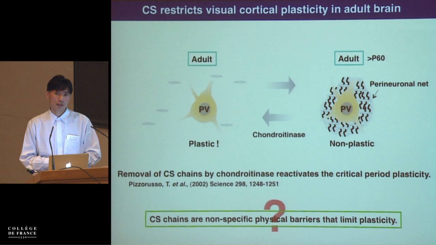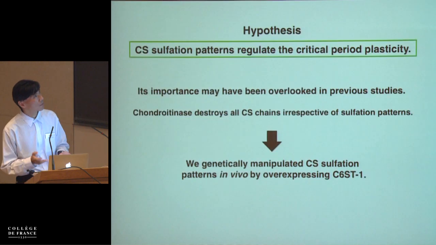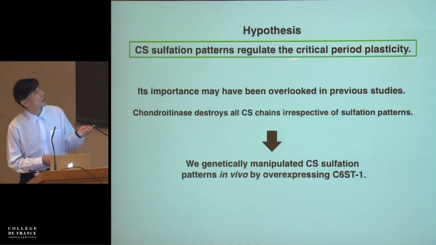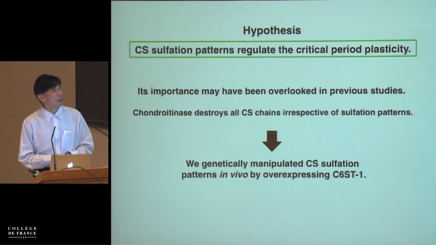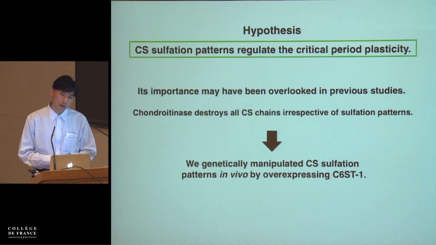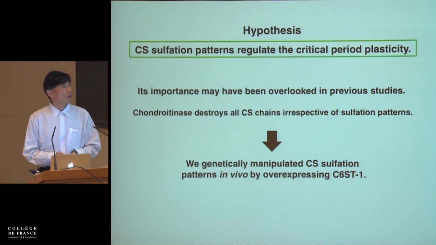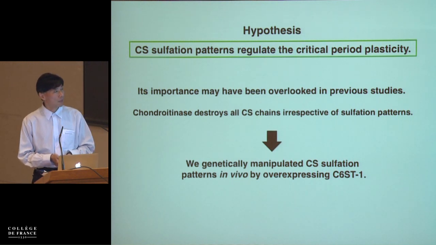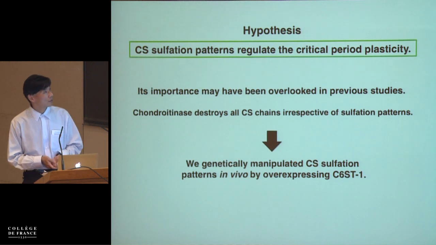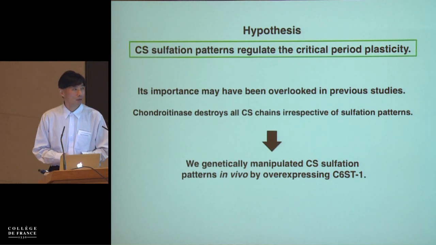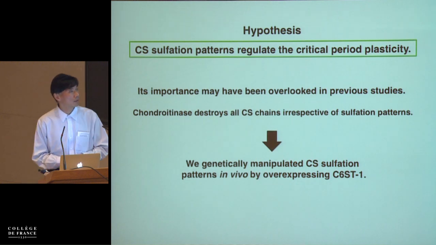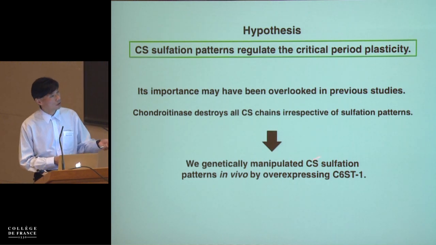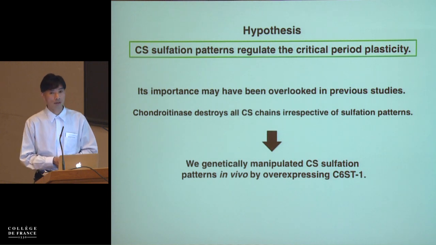However, in contrast to this idea, our hypothesis is that chondroitin sulfate sulfation patterns may regulate critical period plasticity. Their importance may have been overlooked in previous studies because chondroitinase destroys all chondroitin sulfate chains irrespective of sulfation patterns. To overcome this problem, we genetically manipulated sulfation patterns in vivo by overexpressing chondroitin 6-sulfotransferase 1, C6ST1.